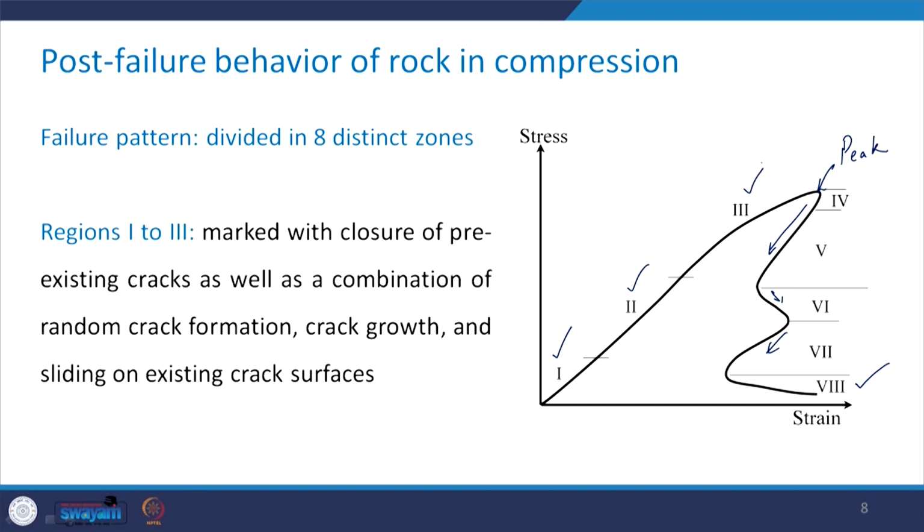So there is going to be growth of the cracks, and then they will start sliding on the existing crack surfaces. So all this phenomena happens during these regions 1 to 3. Please remember, regions 1, 2, 3 are marked with closure of pre-existing cracks plus the crack growth, random crack formation and sliding on the existing surface.